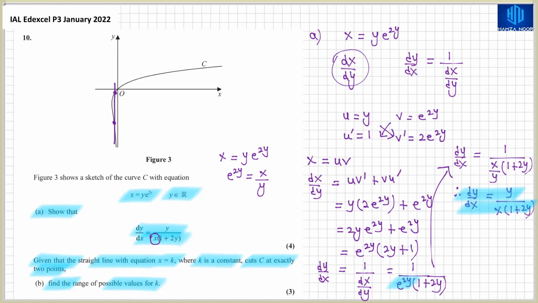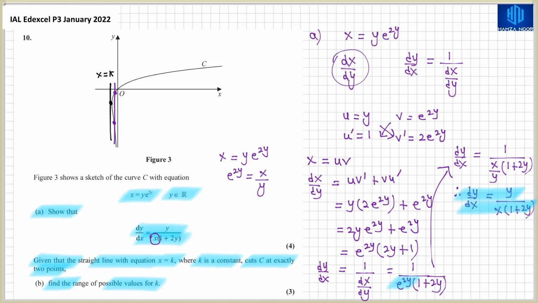Okay, and k will be greater than a particular value, and we are interested in finding the value of k for which x equals k will make such a vertical line, this black line, which will be a tangent to the curve, such that k will be greater than this value and less than 0. So what we need to do in this case is find this value of k first.